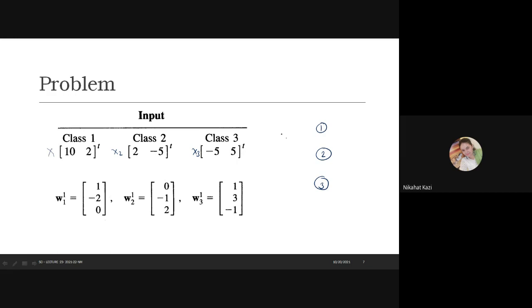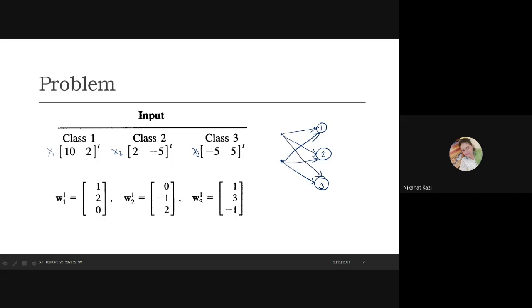So this is the kind of network that we have. We are assuming that we are going to solve this problem by using a single layer of perceptrons, assuming that it is linearly separable.